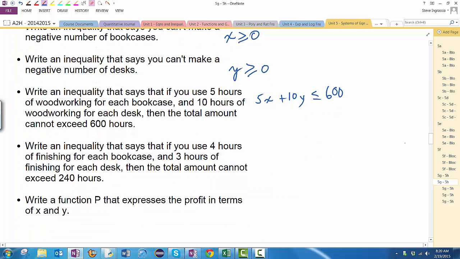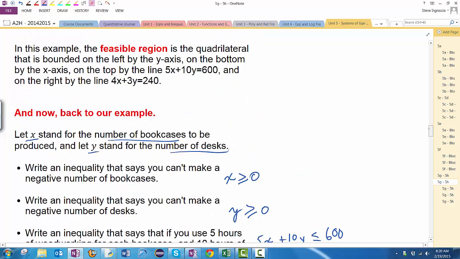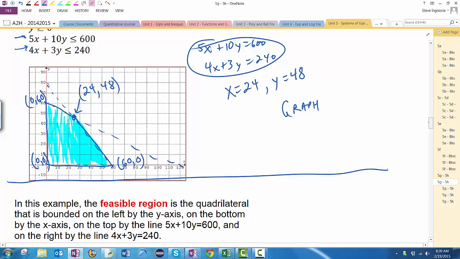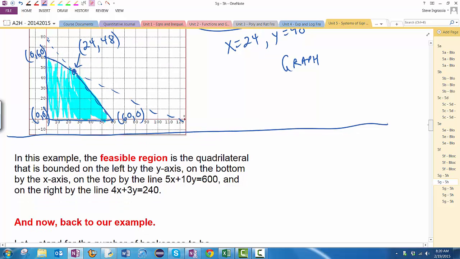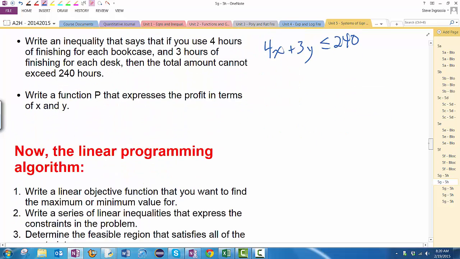Now, you need to write an inequality that says if you use 4 hours of finishing for each bookcase, that'd be 4x, and 3 hours for each desk, that can't exceed 240. And those are the 4 inequalities that you just graphed and gave me this feasible region for. Those 4 inequalities give me that feasible region with those 4 vertices.